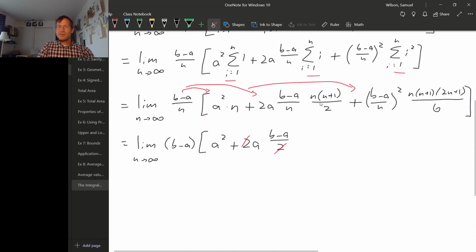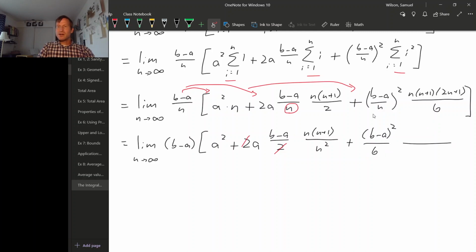Then in the numerator, there's an n times (n plus 1). And then in the denominator, there's the factor of n that we're distributing. So that gives us an n squared in the denominator. Okay, for this last part, in the numerator, we have a (b minus a) squared, and also the 6 over here.